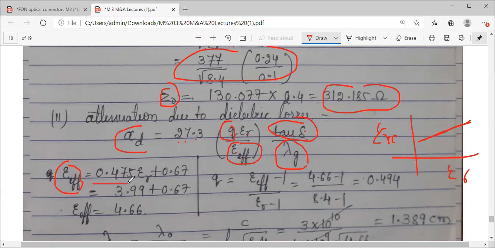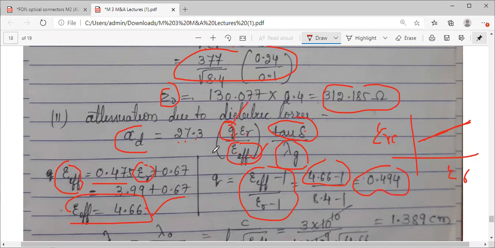The relation given by the experimenters is 0.475 epsilon r plus 0.67. Epsilon r is given to you, so calculate this. Q is also unknown to you. The Q equation, you know it: epsilon effective minus 1 divided by epsilon r minus 1. Verify the answer; I have got 4.66 for epsilon effective. If you calculate, you will get Q as 0.494.